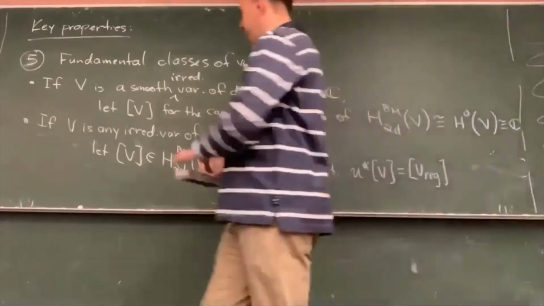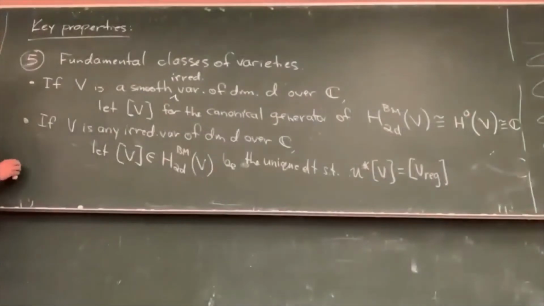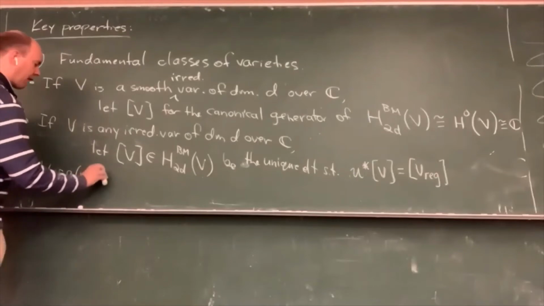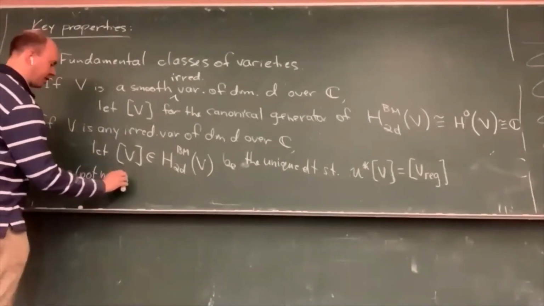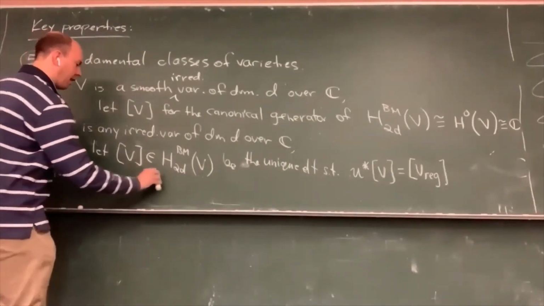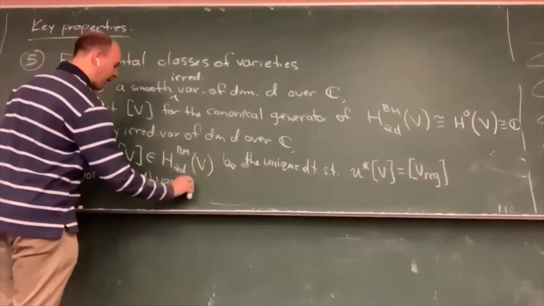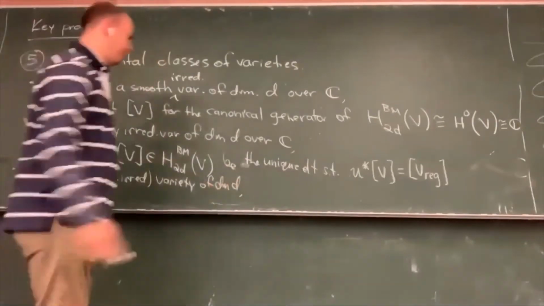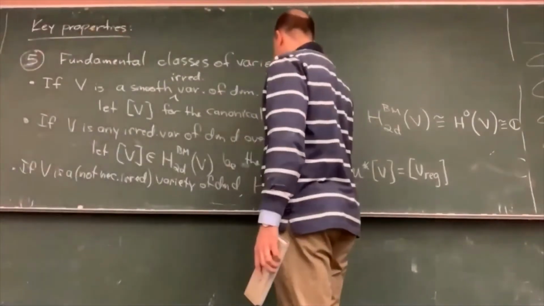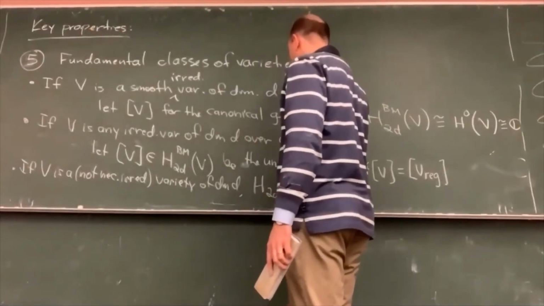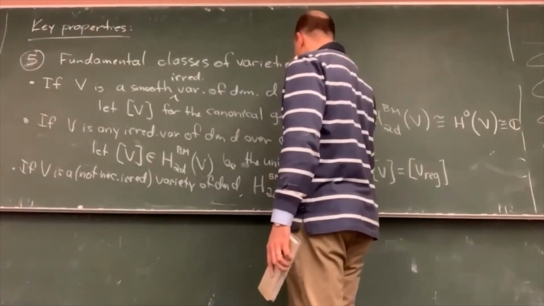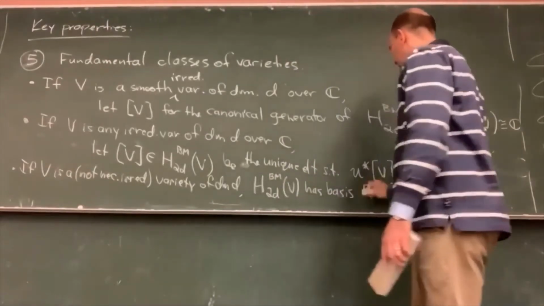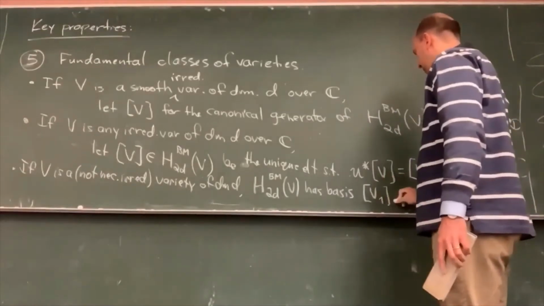And if you have an arbitrary, not necessarily irreducible variety of dimension D, then it's a fact that this 2D Borel-Moore homology group of V has basis given by the fundamental classes of the irreducible components.